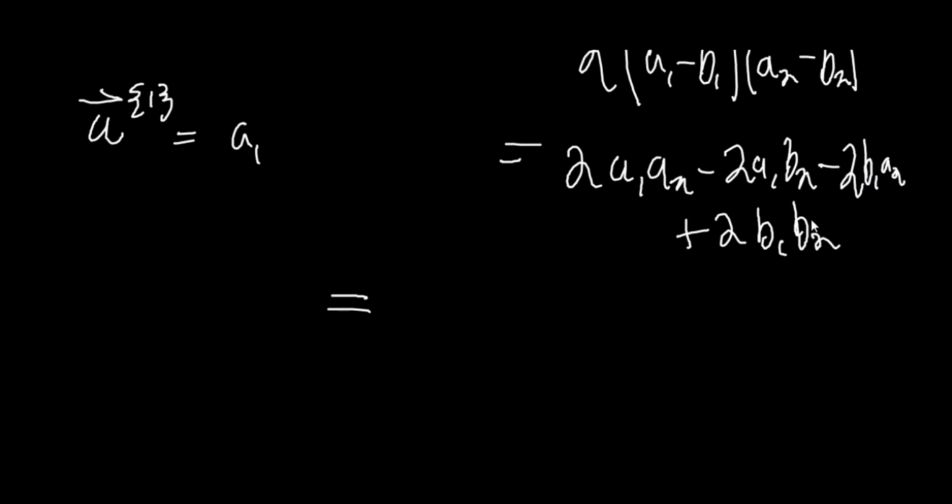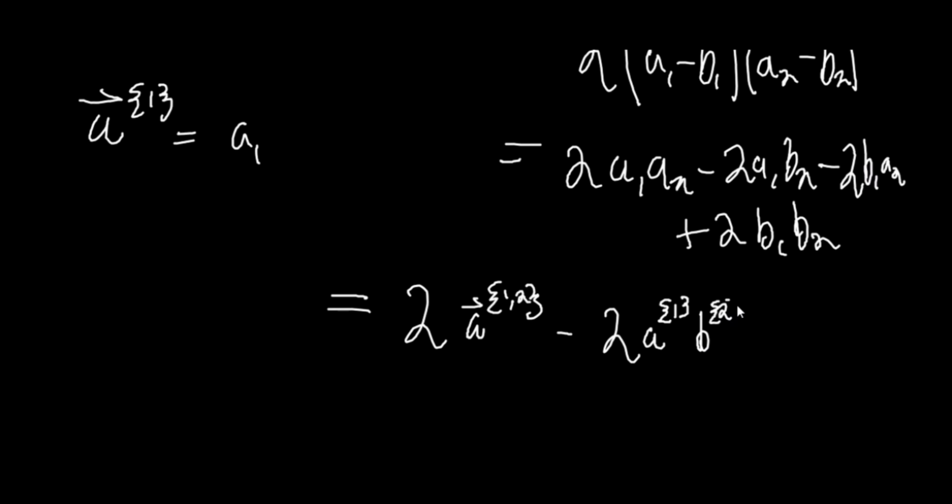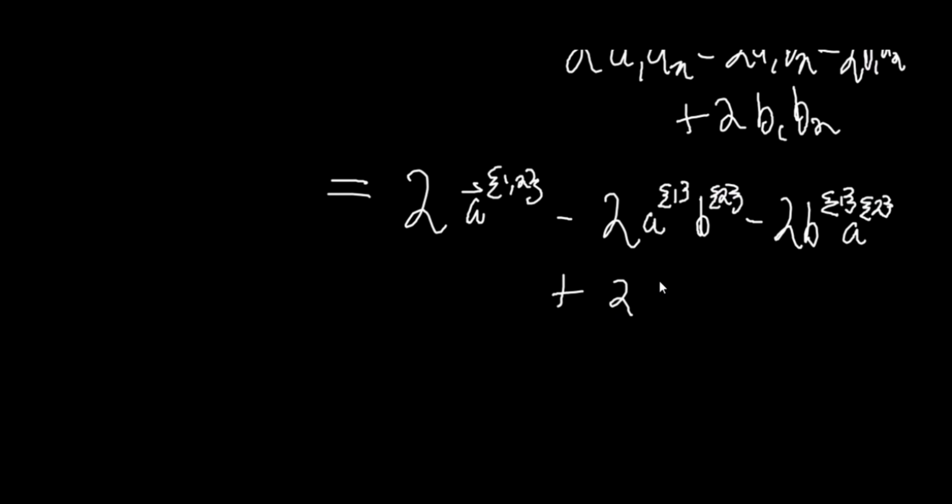So we can rewrite this expansion in the following way: 2 times the vector a raised to the set 1, 2, minus 2 times a raised to the singleton 1 times b raised to the singleton 2, minus 2 times b raised to the singleton 1 times a raised to the singleton 2, plus 2 times b raised to the set 1, 2.